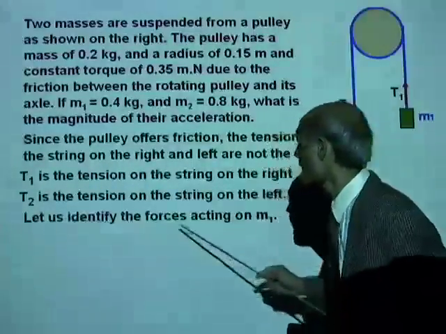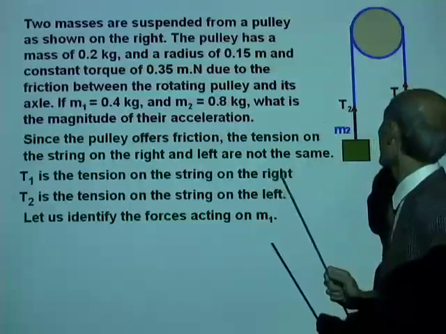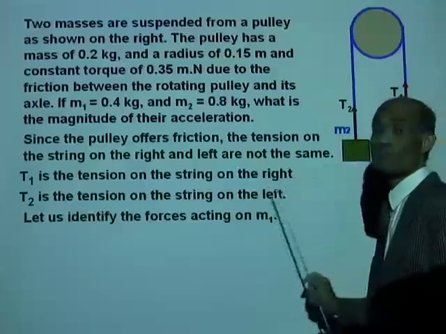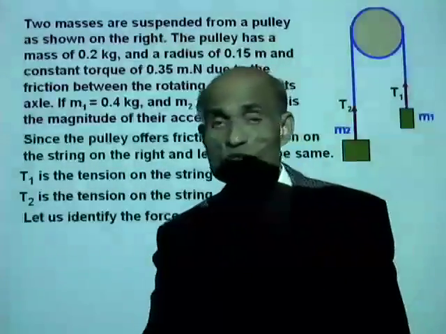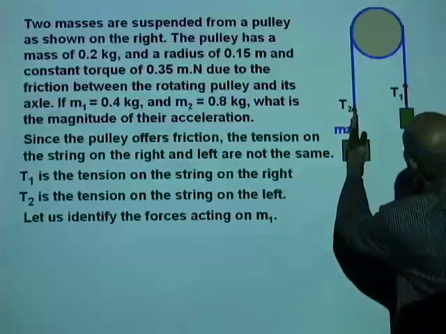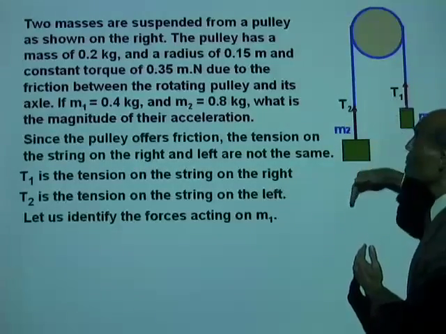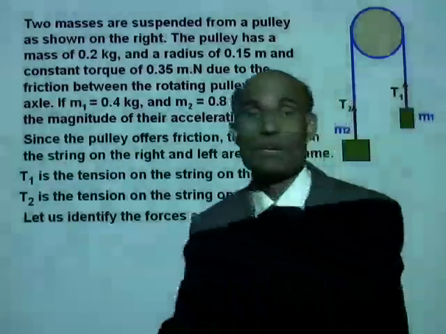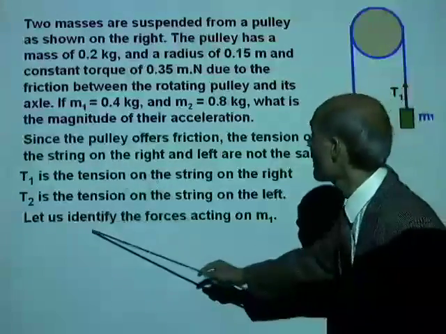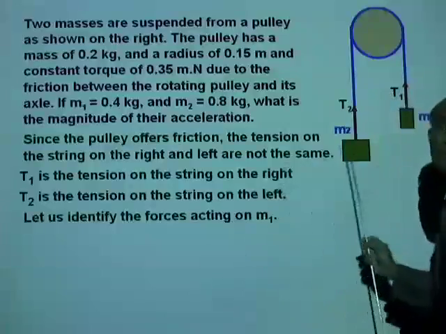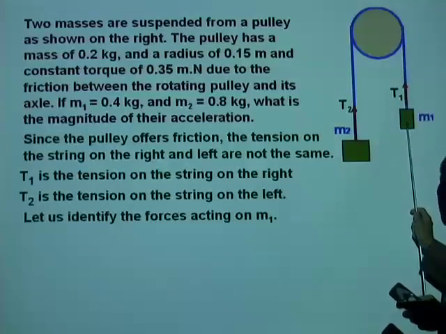Since M2 is a bigger mass, we would assume that the system is going to move like this. M1 is going to move up and M2 is going to move down. So, let's identify the forces acting on M1. Tell me, what are the forces acting on M1?